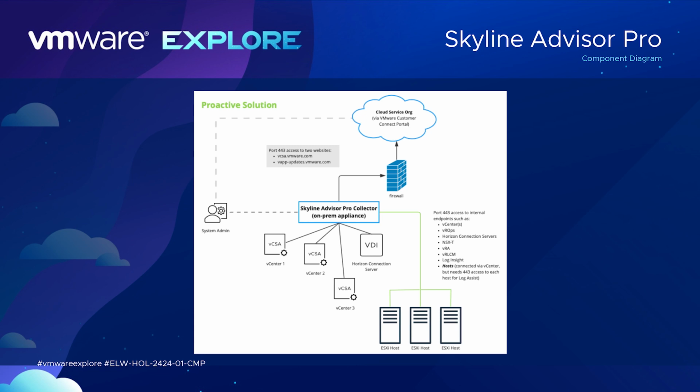Never have seen that. I should preface this as well: Skyline Advisor Pro is included with your production support. So production support or higher on any of the managed products, so vSphere, NSX, Aria Operations Manager, whatever, any of the products that it currently supports. If you have production support or higher, you have Skyline.